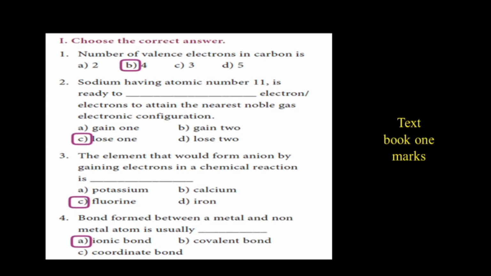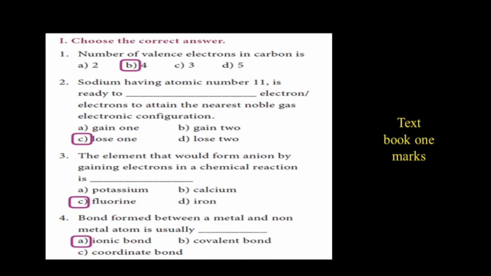The third question: the element that would form an anion by gaining electrons in a chemical reaction is. It wants to gain 1 electron. Potassium, calcium and iron are metals; they lose electrons and form cations. Fluorine has 7 electrons in the outermost shell, so it readily accepts 1 electron and forms an anion.